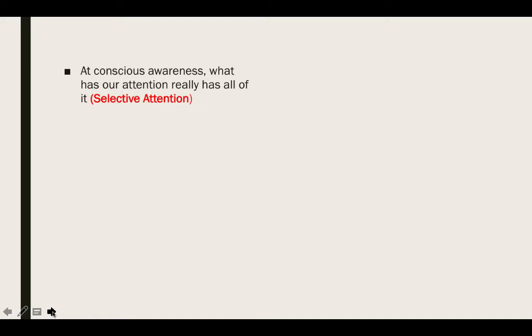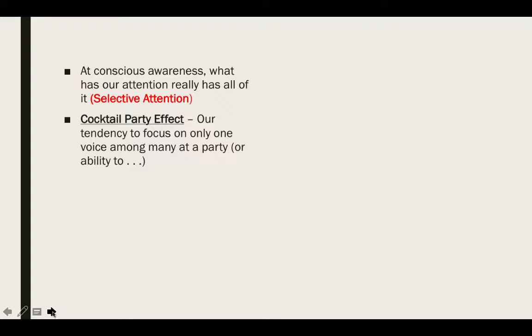So at any moment, our conscious awareness, whatever we're focused on, really has all of our attention. And remember, that's called selective attention. We may have mentioned the cocktail party effect before, our ability to focus on one voice among many in a classroom or at a party.